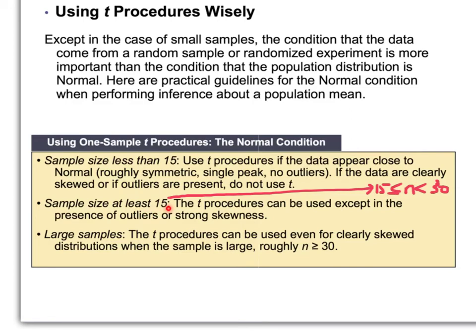So in this case, when we look at the graph of the sample data, it can be a little skewed. It just can't be extremely skewed, and there should not be any outliers. And then we know in large samples, this is always true. As long as our sample size is sufficiently large, meaning greater than or equal to 30, we can use t-procedures, even if our data are very, very skewed, okay? As long as our sample is large.